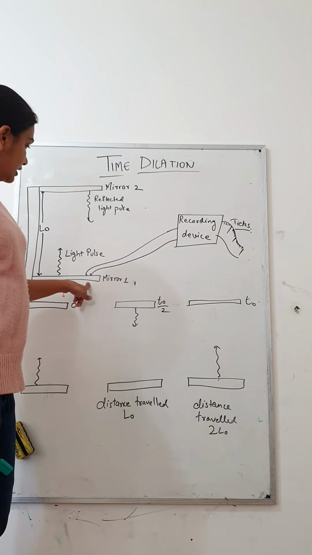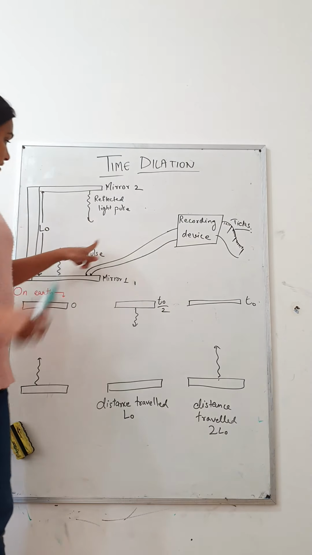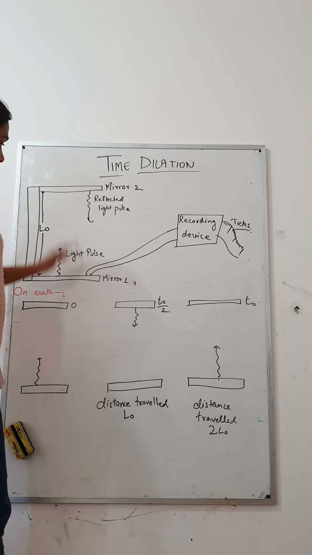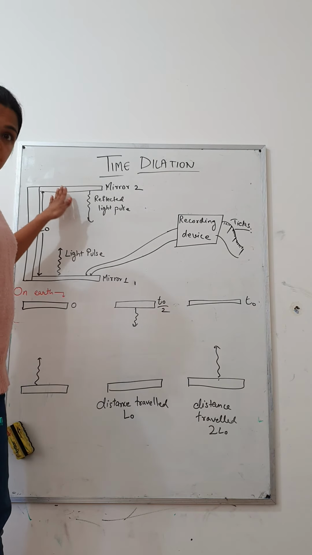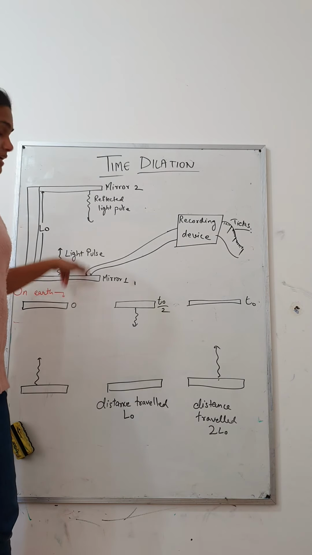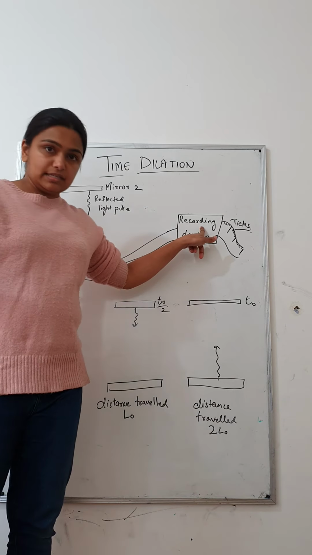The lower mirror is attached to a recording device. A light pulse travels between these two mirrors. Let's say it starts from mirror 1, goes to mirror 2, comes back and hits mirror 1 again. As soon as it makes the round trip, it records a tick.